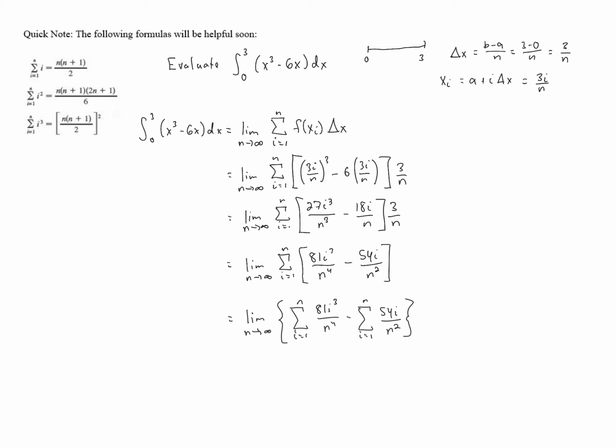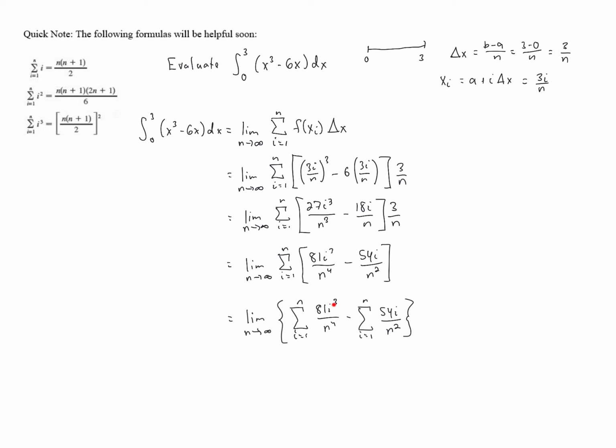Now, the reason I'm splitting this up is just so we can look at each of these two terms separately with respect to the sums. When we're looking at this sum, the variable that we're working with is actually i. The thing that's changing in each term of this sum, because remember, when we've got sigma notation, that means we're adding the same thing over and over again, and what changes each time is i.